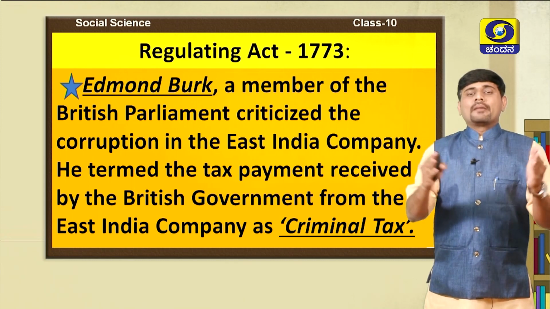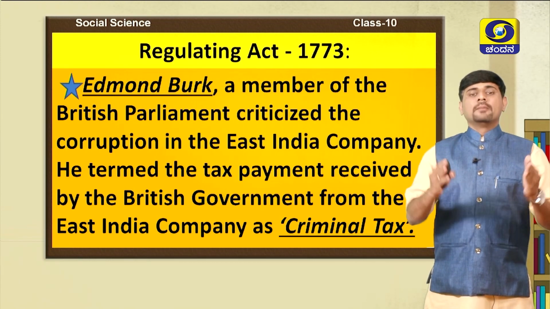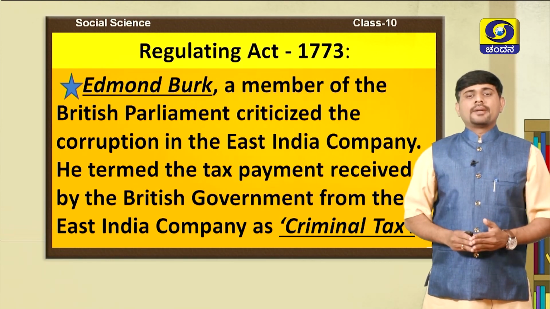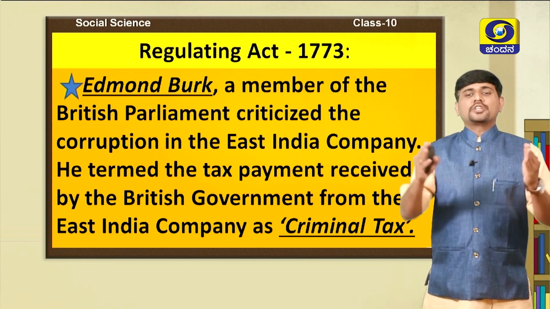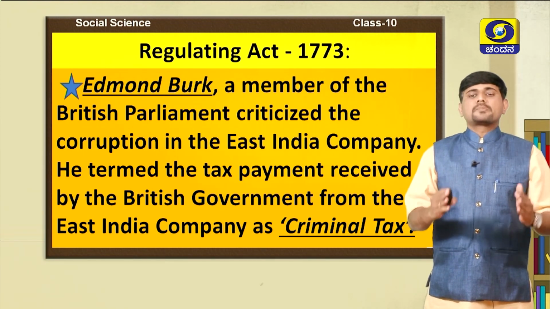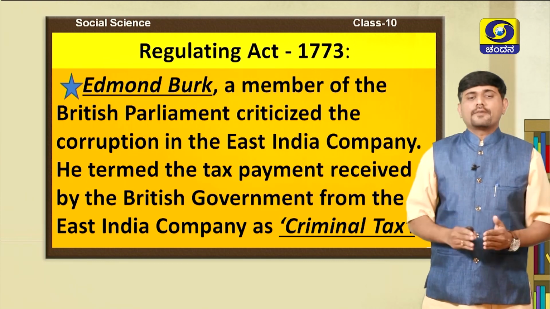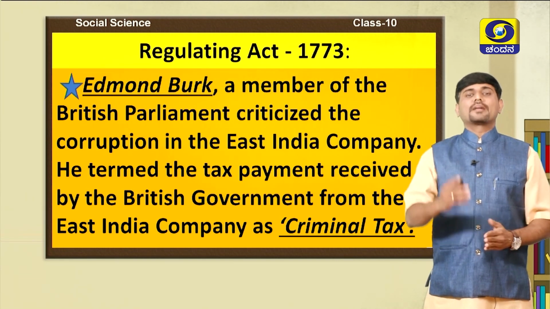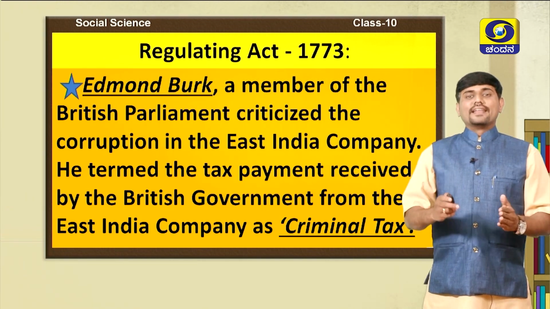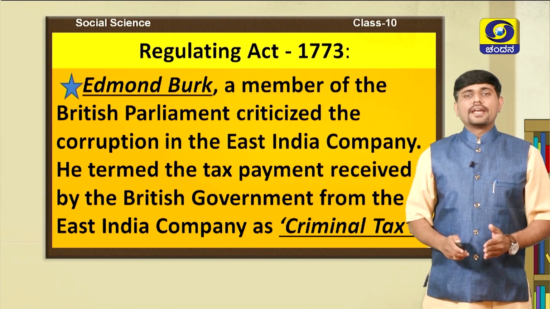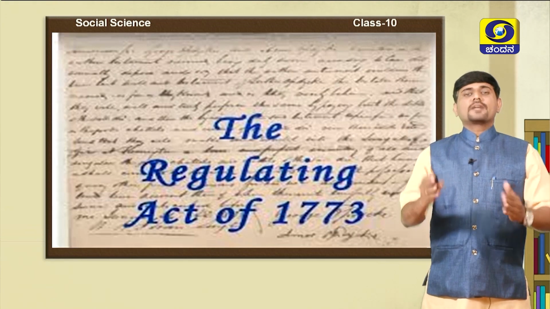A British parliamentarian, Edmund Burke, a member of the British Parliament, criticized the corruption in the East India Company. He termed the tax payment received by the British government from the East India Company as a criminal tax, because in that the Company engaged in corrupt activities.